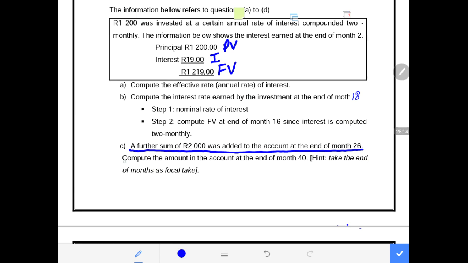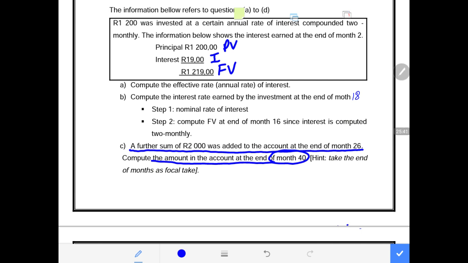We are required to calculate the amount in the account at the end of month 40. Hint, take the end of month 40 as focal date. So now we're taking the end of month 40 as focal date.